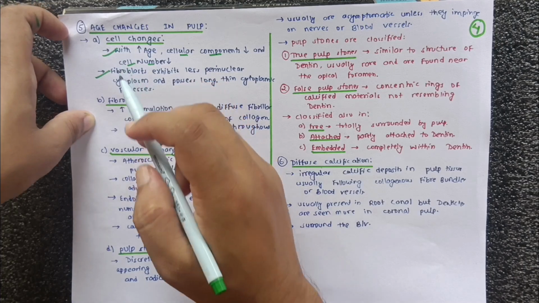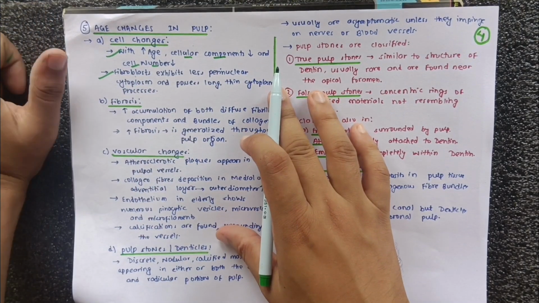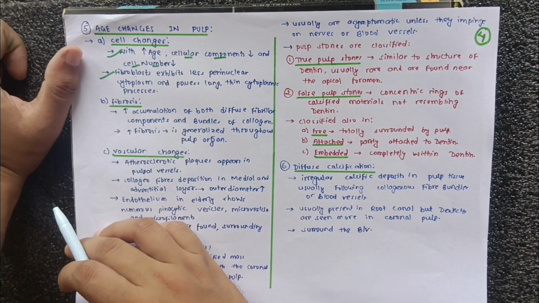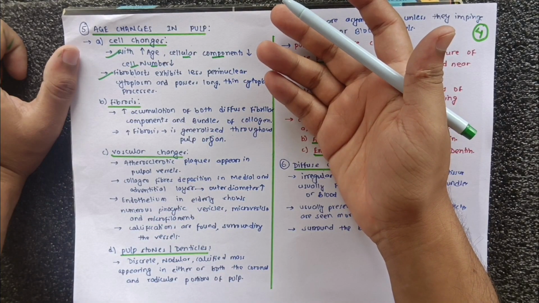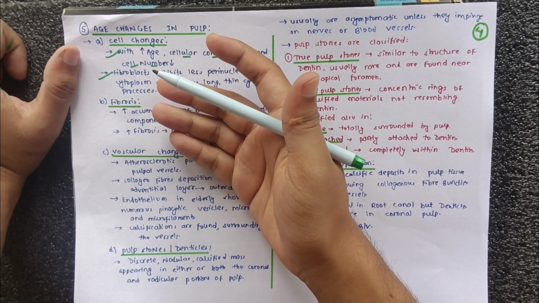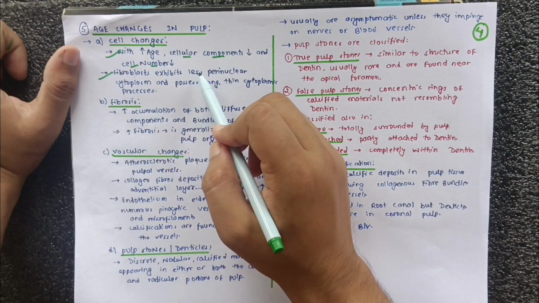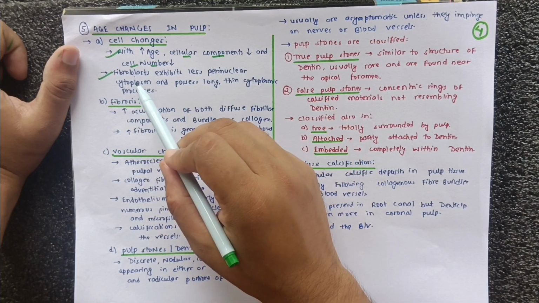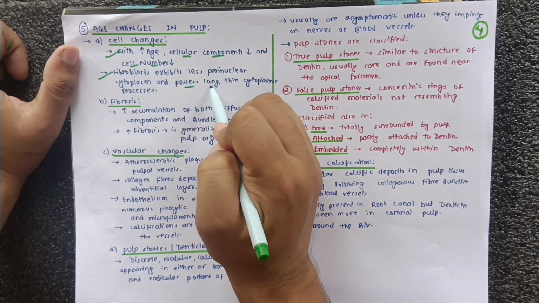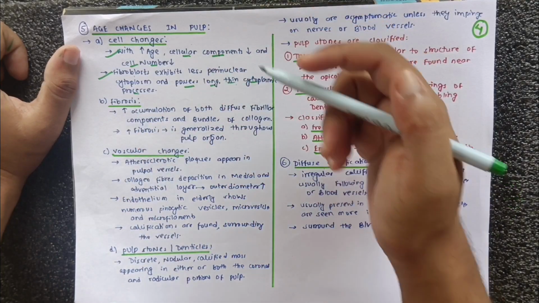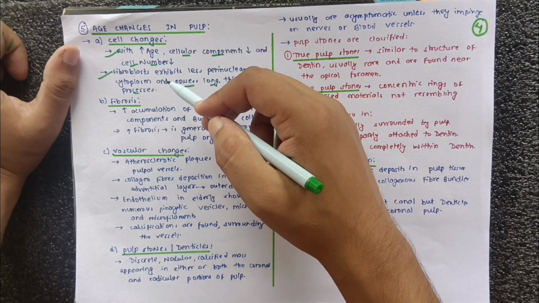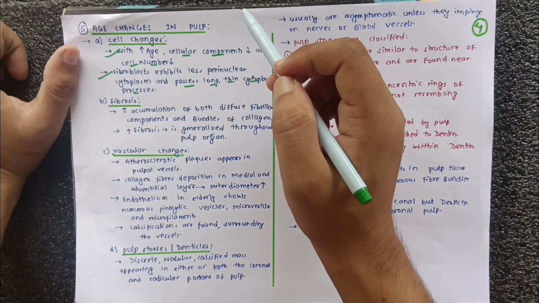The fibroblast is a type of cell present in the pulp, the most predominant cell in the pulp. I discussed this fibroblast in my second video. So the fibroblast exhibits less perinuclear cytoplasm, and long thin cytoplasmic processes develop in it.